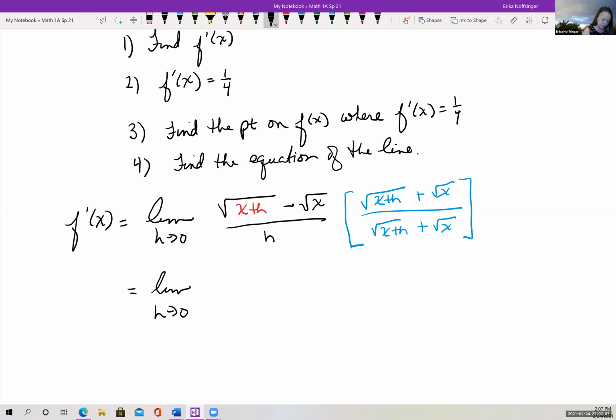This is the same thing as a squared minus b squared. So squaring the first piece, the square root of x plus h, just gives me x plus h. Minus, and then squaring the square root of x just gives us x, all over h times the square root of x plus h plus the square root of x.